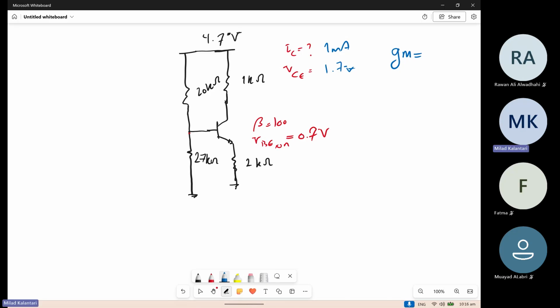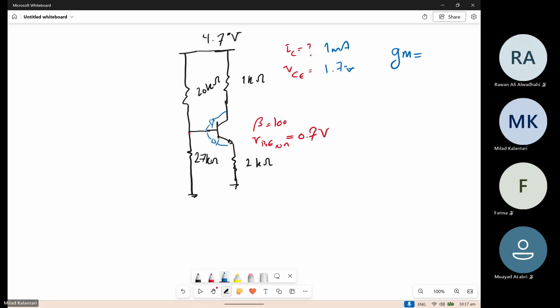It is active, right? Active means the BE junction is on and the other one is reverse.